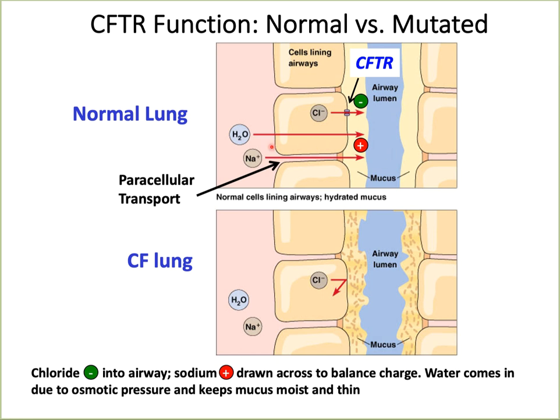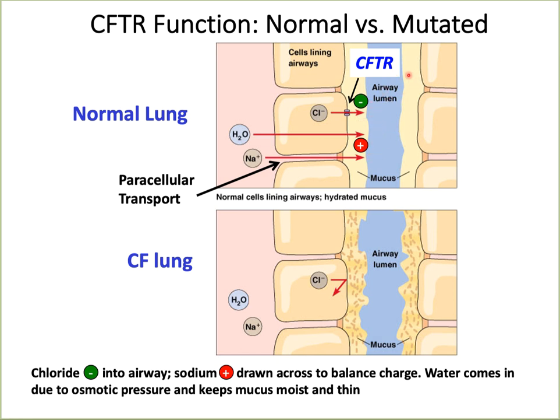This then draws sodium across this layer. Sodium ions move between the cells in the layer. This is a type of transport where certain ions can actually pass between the cells, known as paracellular transport. So sodium is drawn across to balance the negative charge, and so now you have a high sodium chloride concentration in this mucus.